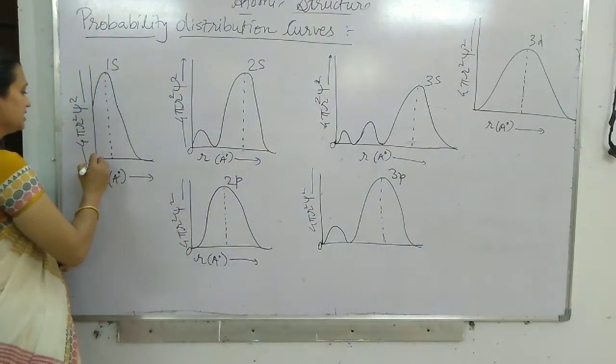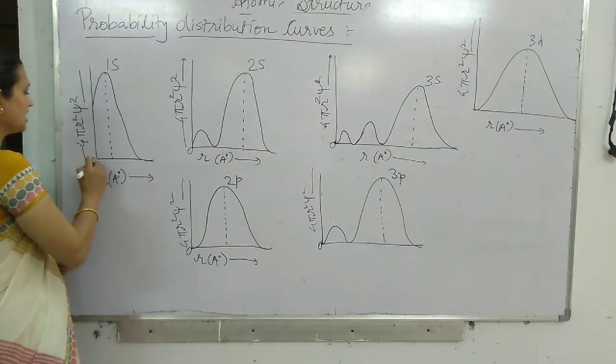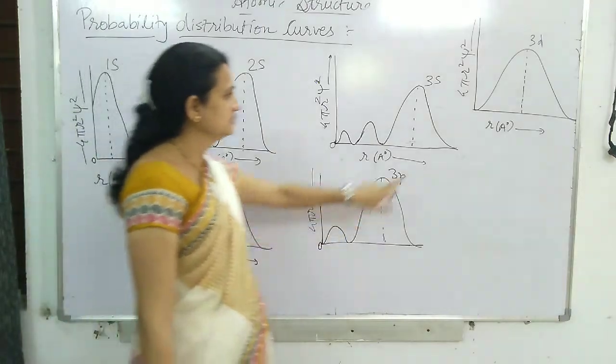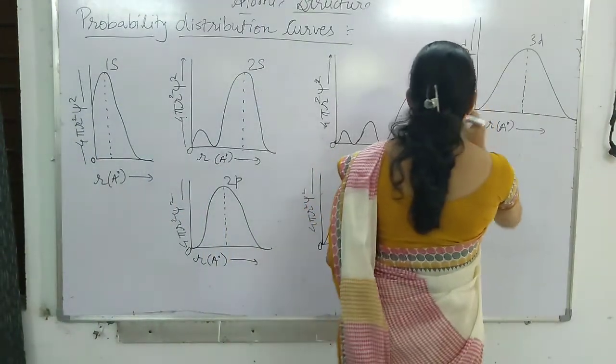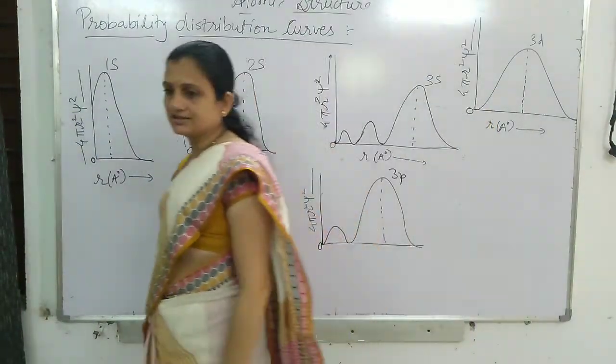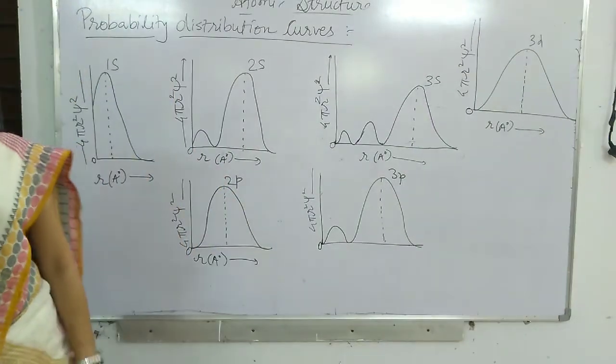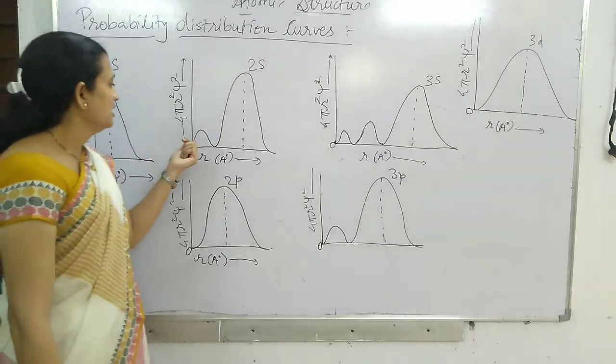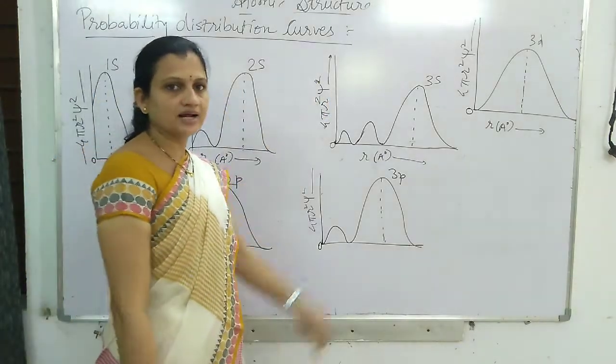The first point is that the curve starts from the origin. Origin means the nucleus, the central nucleus, and the curve moves from the left hand side towards the right hand side.